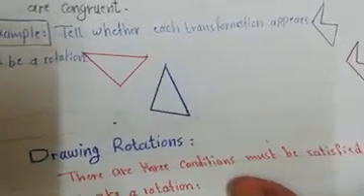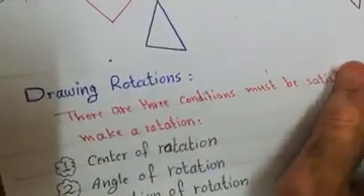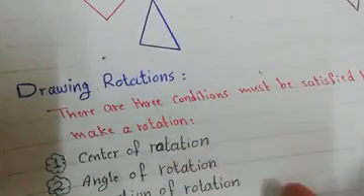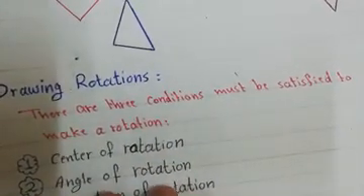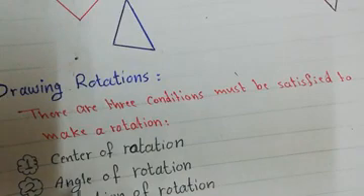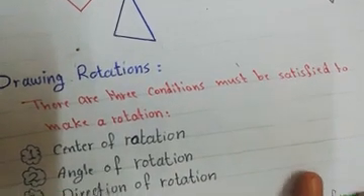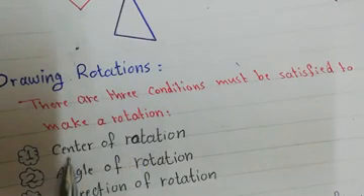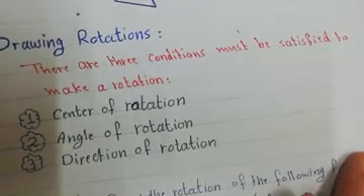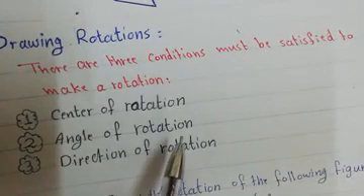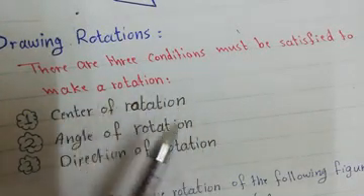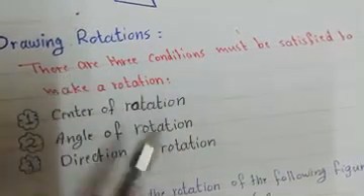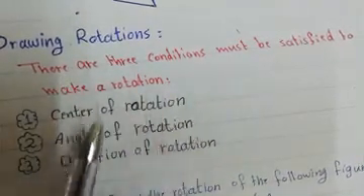Now how will we draw a rotation? There are 3 conditions that must be satisfied if you want to make any rotation. The first is what we call the center of rotation. The center of rotation must be given. Then there is the angle of rotation: what is the measure of the angle you have to move your figure?